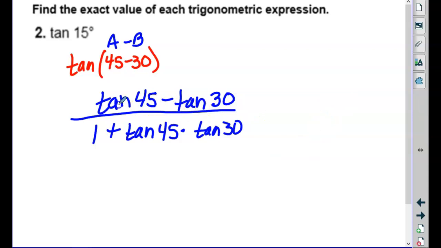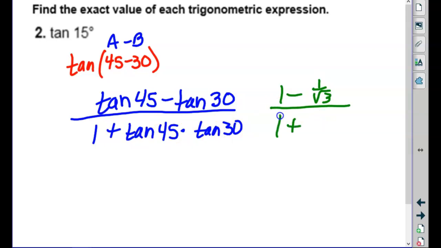Okay, tangent of 45, y over x at 45, is 1. Tangent at 30, y over x at 30, would be 1 over square root of 3 or square root of 3 over 3. We'll deal with that in a minute.